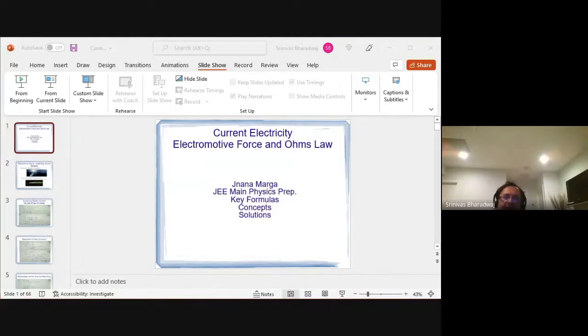Current flows from the positive side, the anode, to the negative side, the cathode. But actually the electrons flow the other way. That's the first thing you must remember: current flows from positive to negative, and electrons flow the other way.